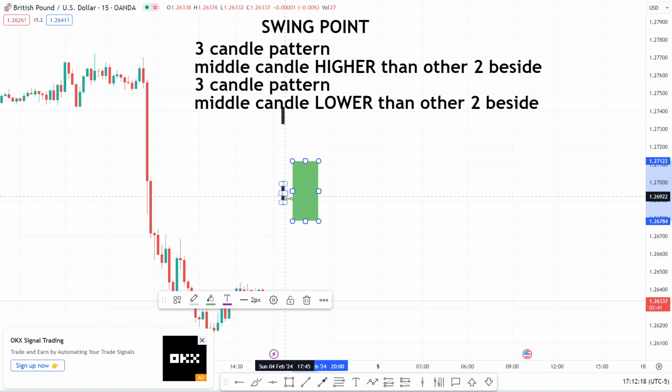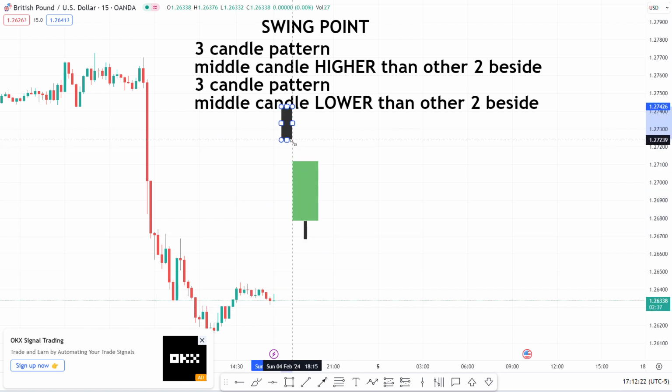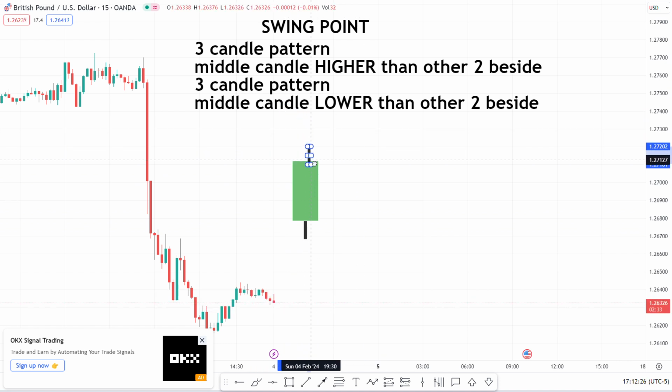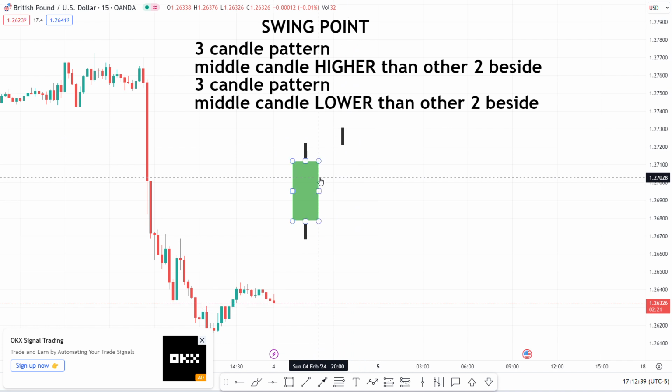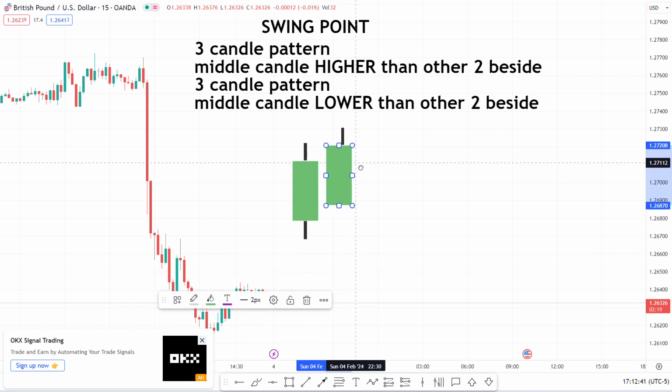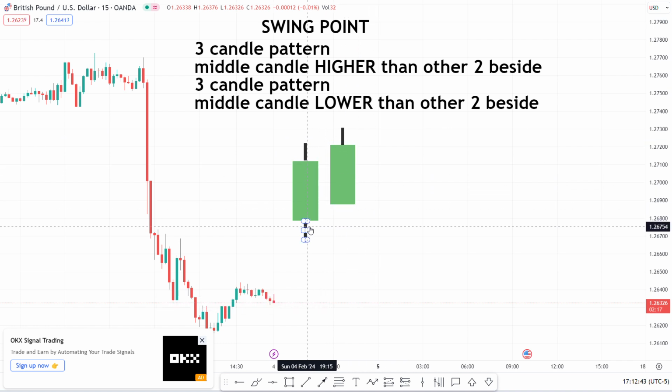So for a swing high, this is what I would be looking for. This one's higher.